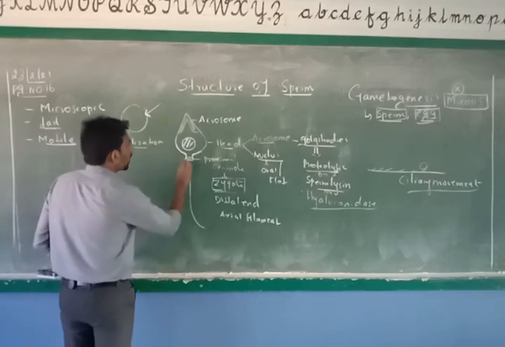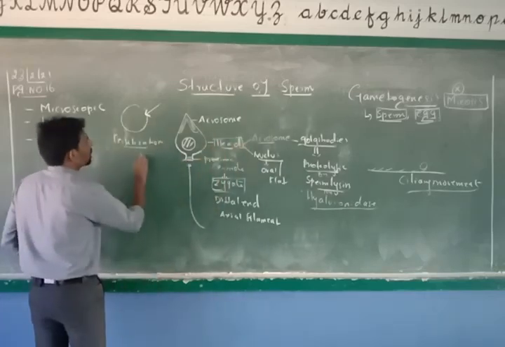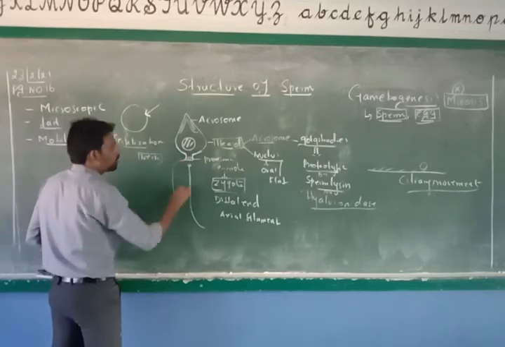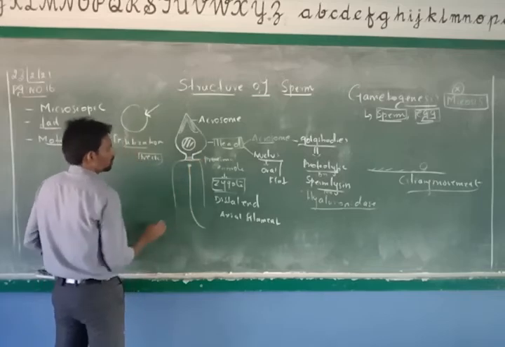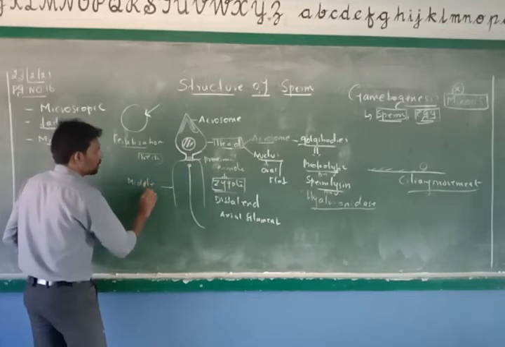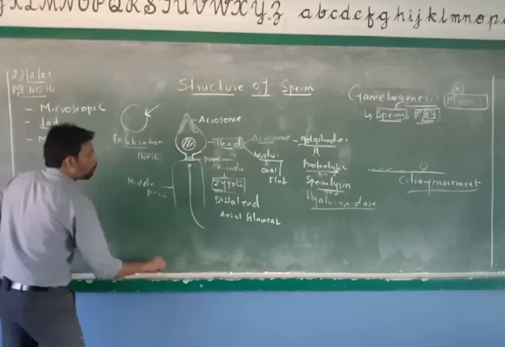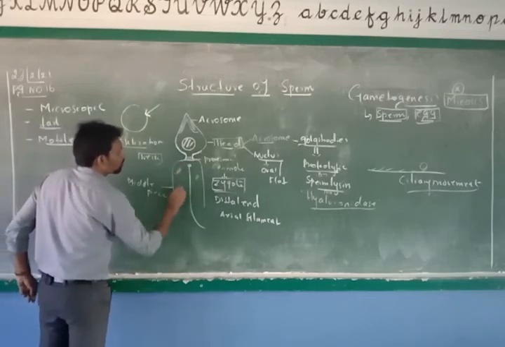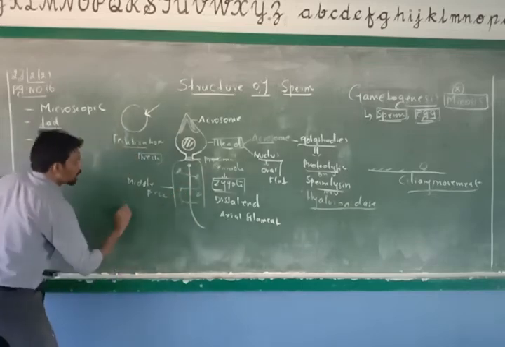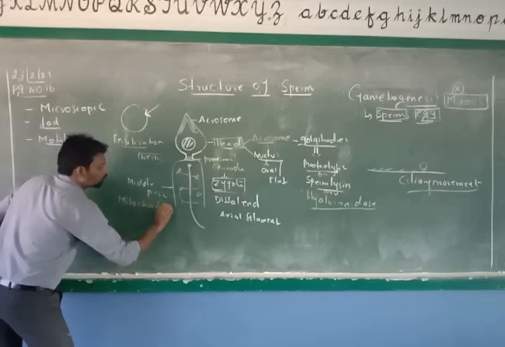Now, the first part is the head part. The second part is the neck part. That is what we study. And it has the middle piece. In this middle piece, you will find a structure like this, called mitochondria.